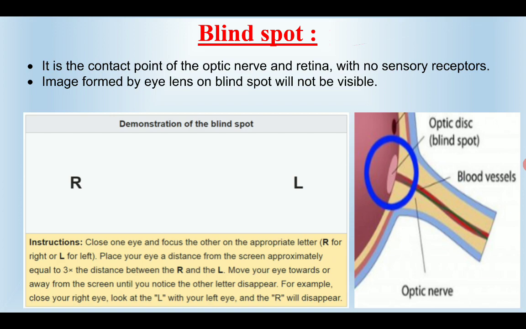Okay, and if you close your left eye and look at the R with the right eye, in that case this L will disappear. So the image of this L is formed at the blind spot. Okay, just try to play this game. In that manner you are able to figure out the blind spot in your eye.